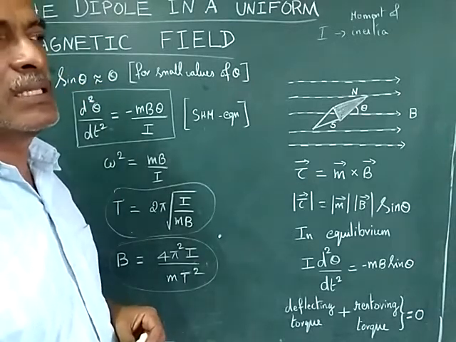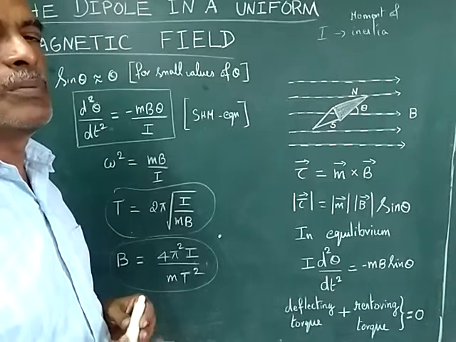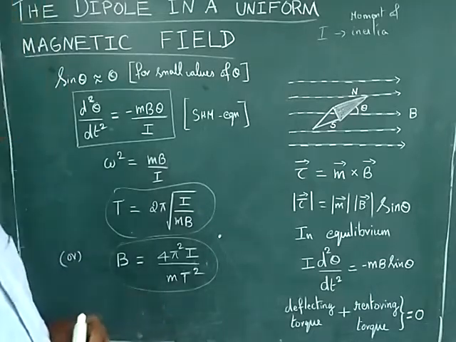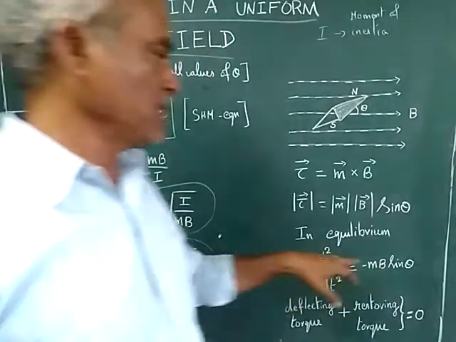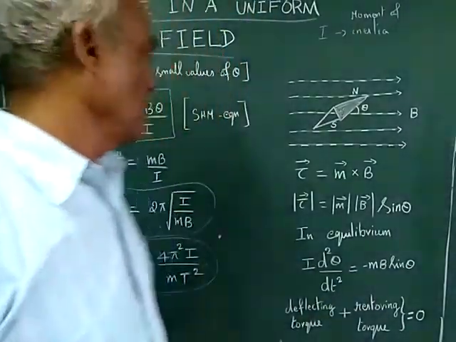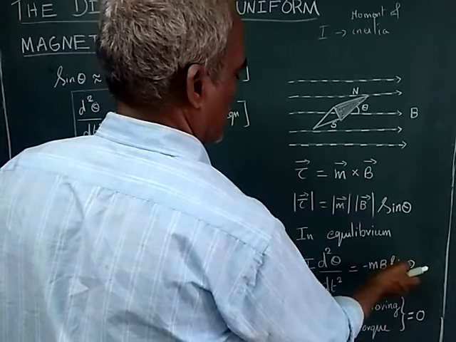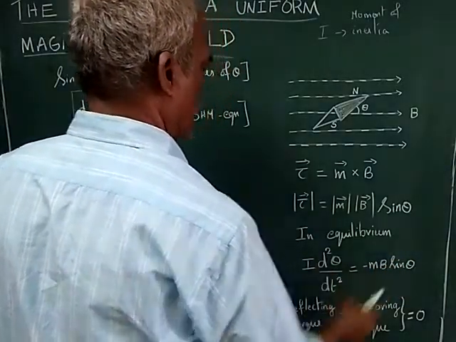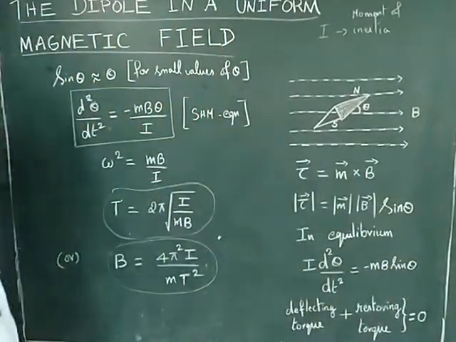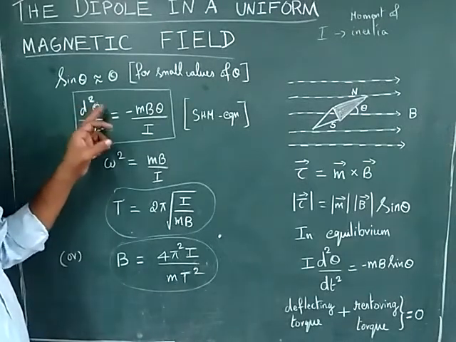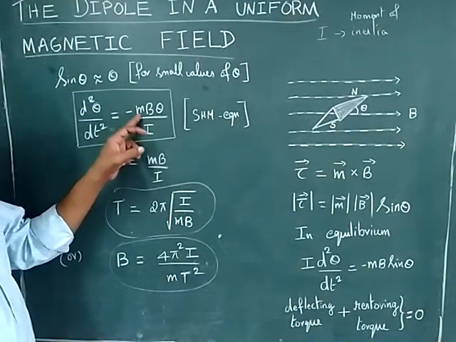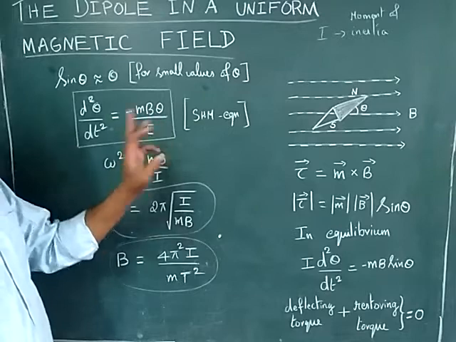Therefore, in the place of sin theta we can write theta. From this equation, we get d square theta by dt square is equal to minus mB by I into theta, where I is the moment of inertia.